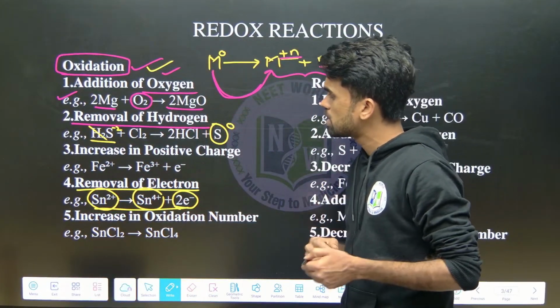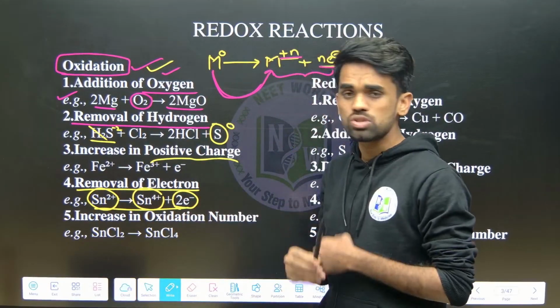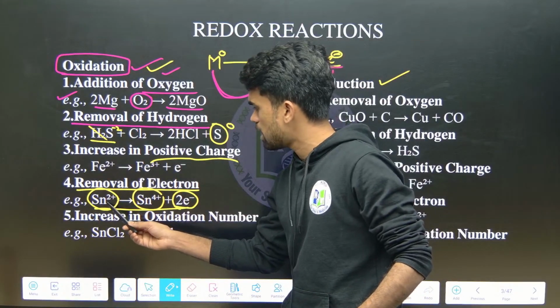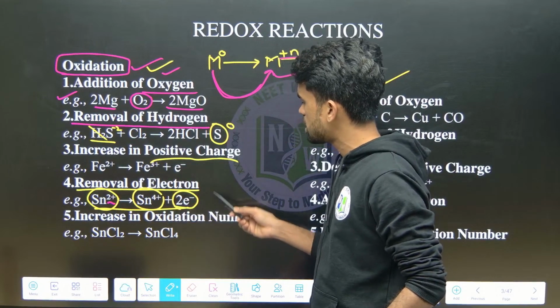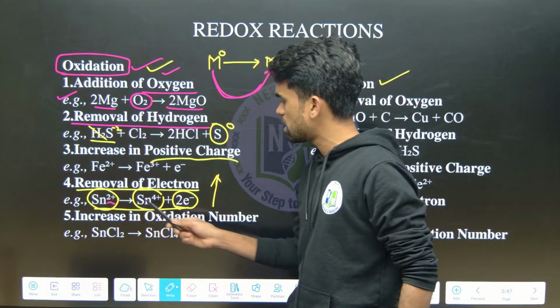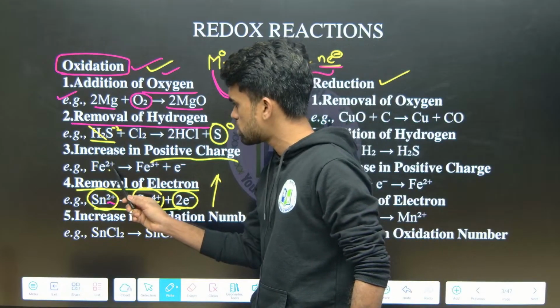And along with this, just look here. Increase in positive charge. How is that positive charge increasing? When a metal or any species loses electrons, it gets positive charge. That increase in the positive charge is also called oxidation. So plus 2 converting into plus 4 is also an example of oxidation. See here plus 2 is converting into plus 3.